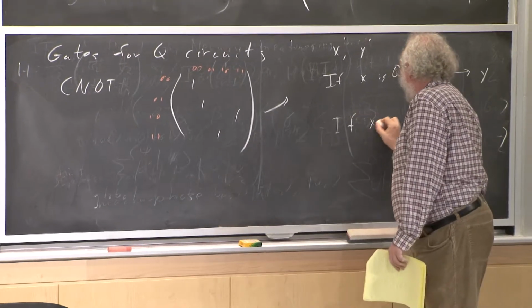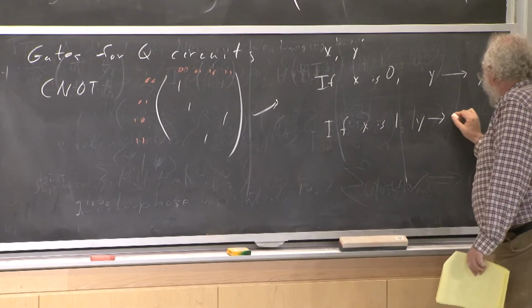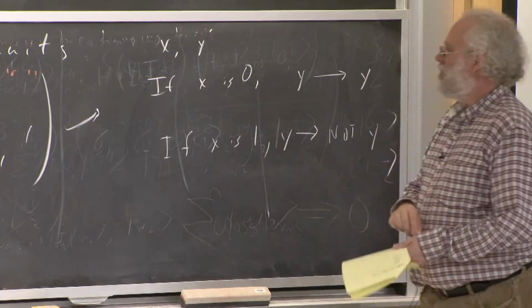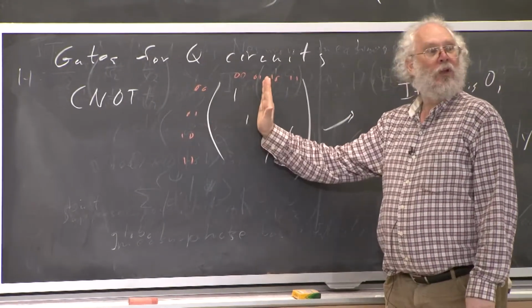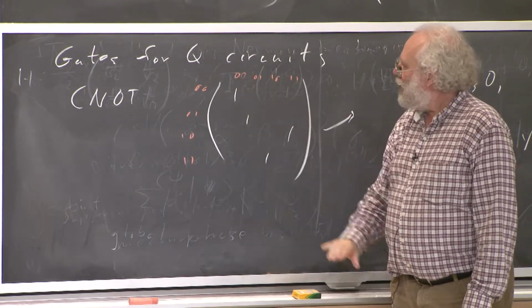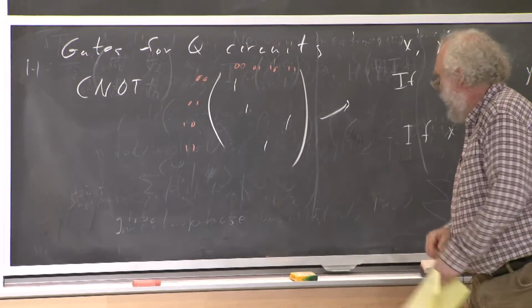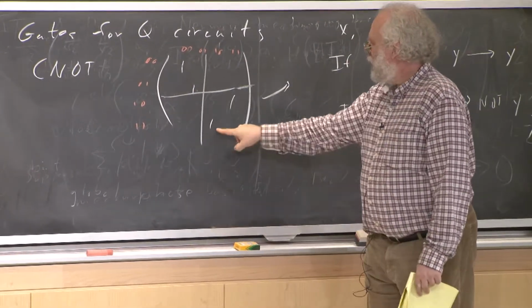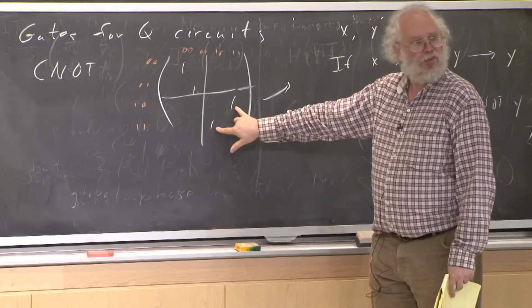If x is 1, y goes to not y. Right? Because if x is 0, we're in this upper left corner, and it's the identity. If x is 1, x being the first bit here, we're in this lower right corner, and this is a not.